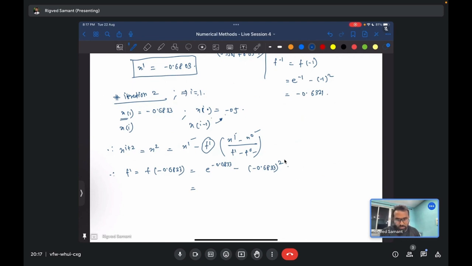How much is it? E raised to minus 0.6803 minus 0.6803 square. How much?